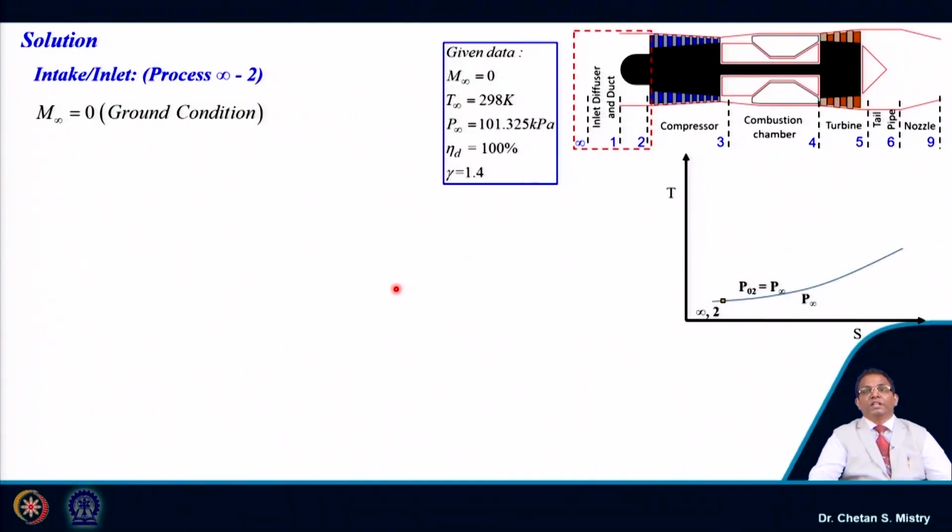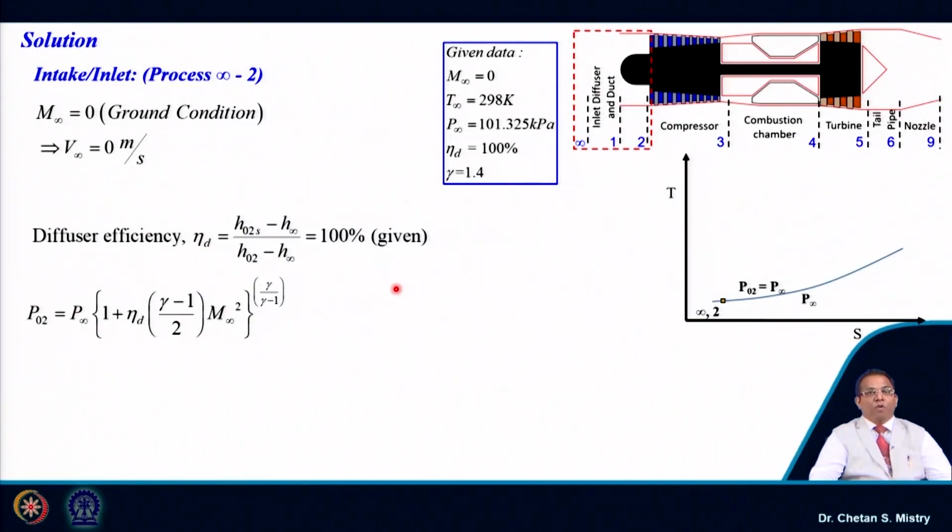Very first, my M infinity is 0 because it is a ground condition. So, for the actual case, my V infinity will be equal to 0 meter per second. Now, my diffuser efficiency is given by (h02s minus h infinity) divided by (h02 minus h infinity), and this is given as 100%.